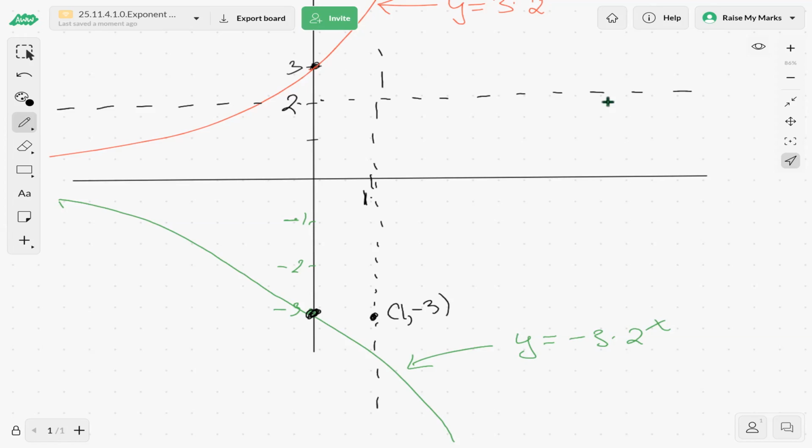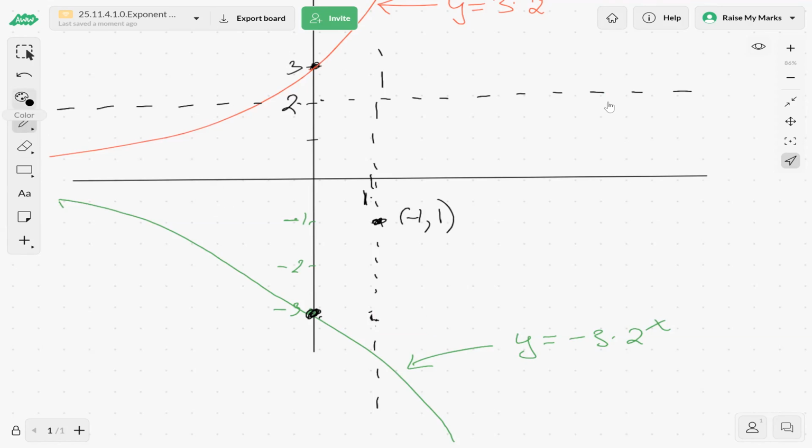So now this green curve has moved over 1 unit and shifted up 2 units. So we actually end up at negative 1, 1.